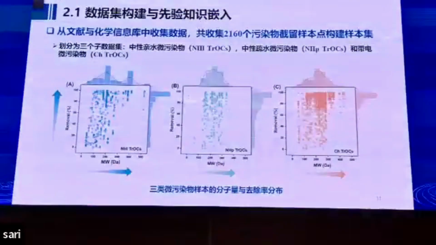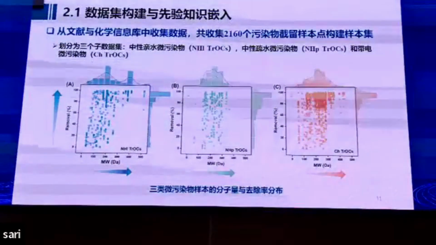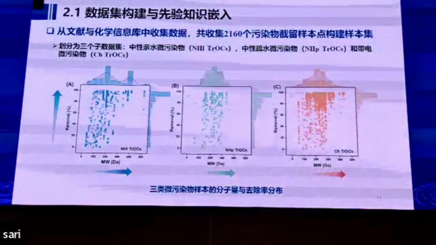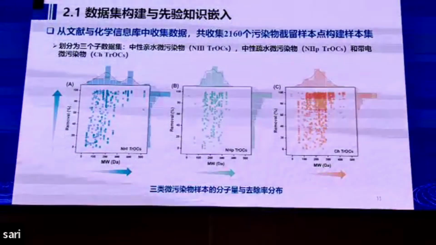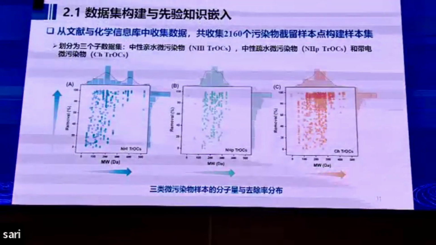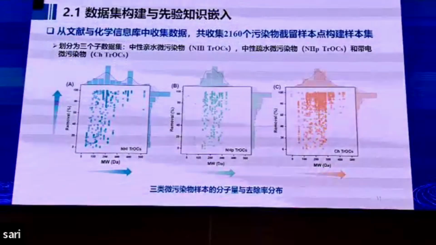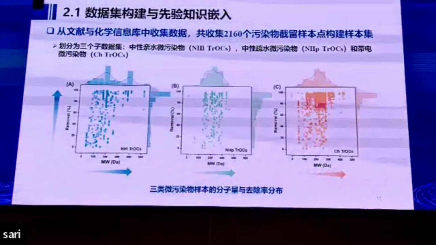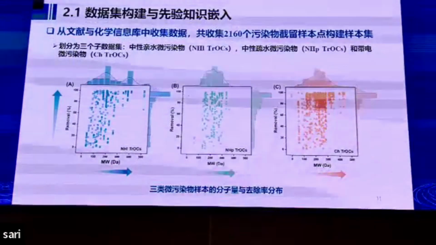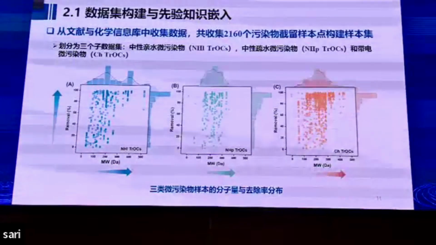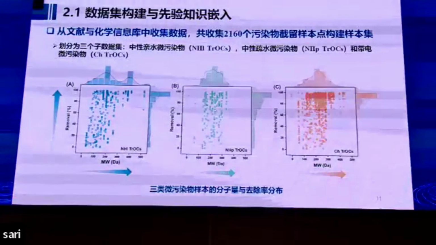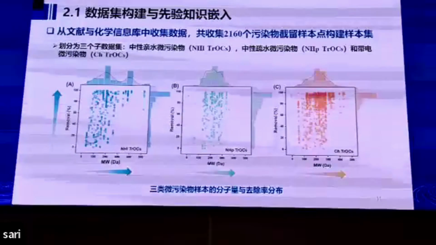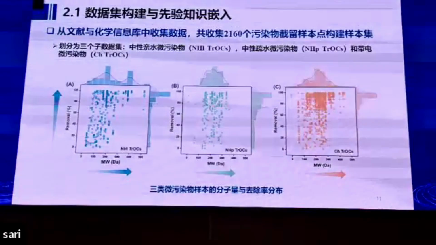In the first part, we collected about 2,000 data points from references, and divided this data set into 3 parts: neutral hydrophilic micropollutants, neutral hydrophobic micropollutants, and charged micropollutants.